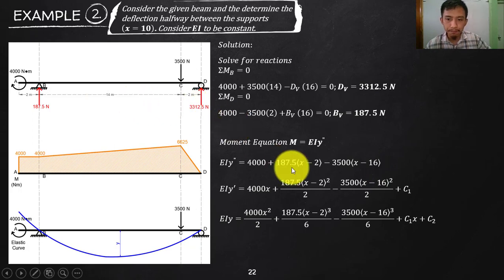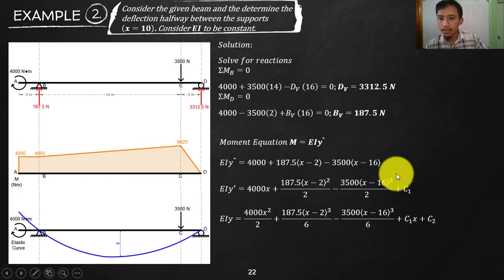So now integrate this one once, you will have the slope equation. So that will be y prime, and this will be 4,000x raised to 2 over 2, plus C1. Integrate it again, and that will be your deflection now, with x squared over 2, cube, and then that will be 3 times 2 is 6, cube.